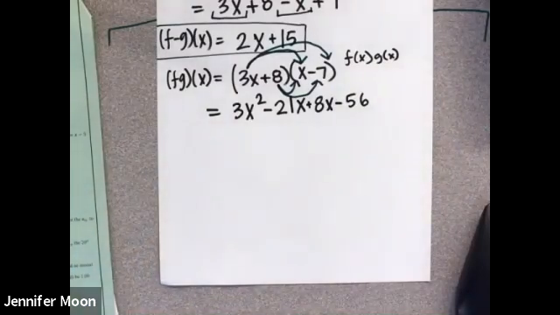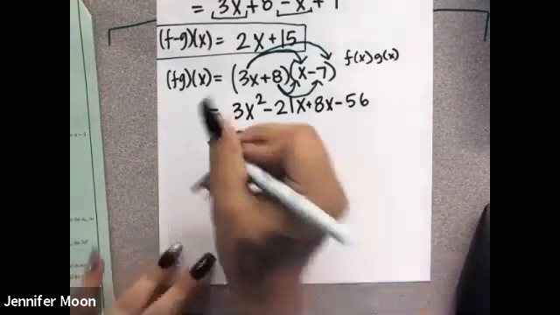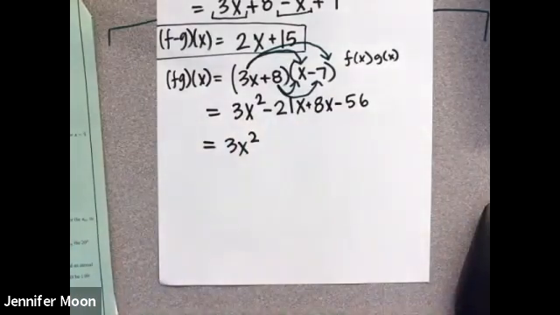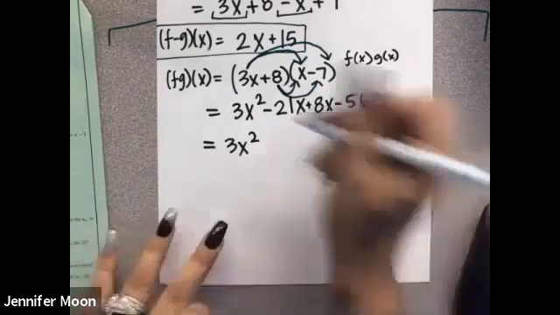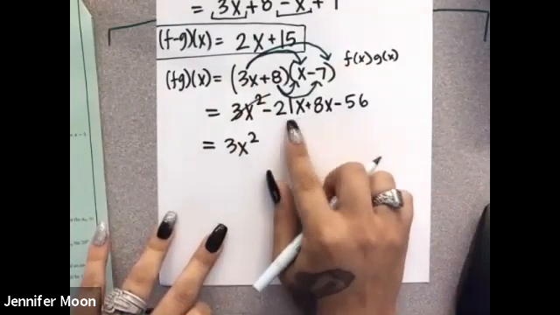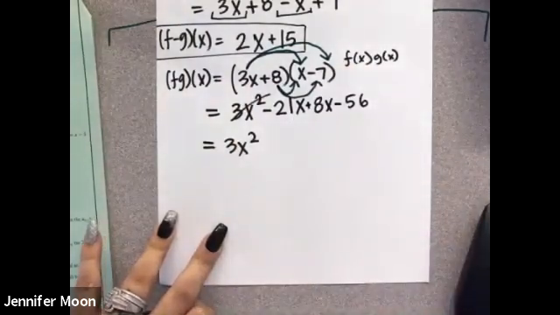And now I've gotten to the point to where I can combine like terms. Okay, so my 3x squared, there is not another term that has that same variable, same exponent. So nothing can be combined with it. So I'm done with that. If you look at your middle terms, those both have an x to the first power. They're alike. They can be combined. Like you can do math on them.